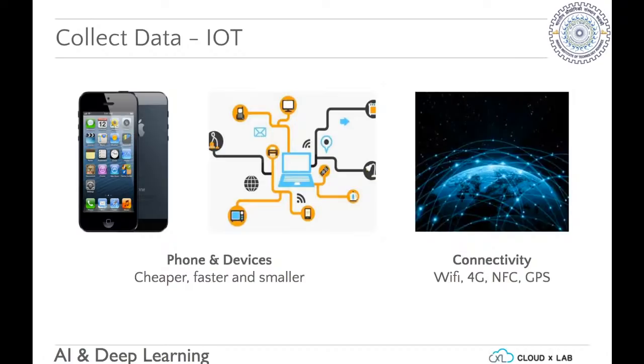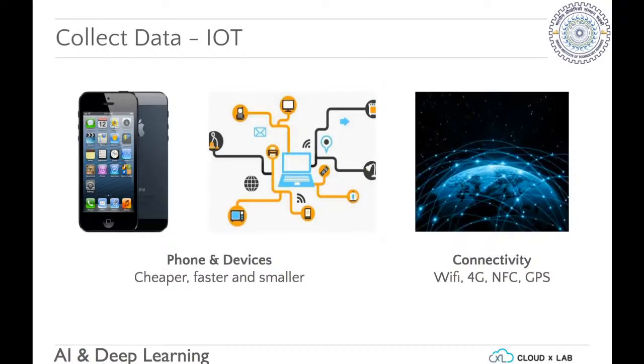On one hand, we have the phones and devices and sensors, the hardware. The hardware has become cheaper, faster, and smaller. Those who come from an electronics background can connect with these three words, because every year they have been trying to make a product cheaper, faster, and smaller, right?